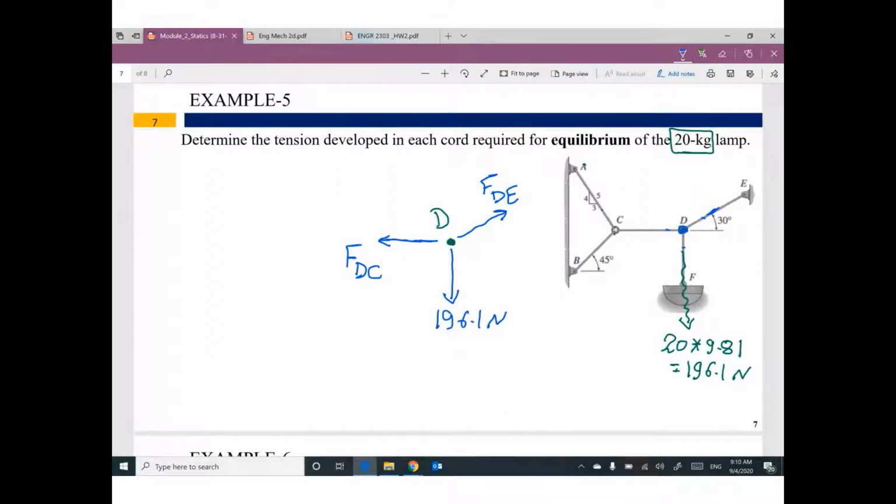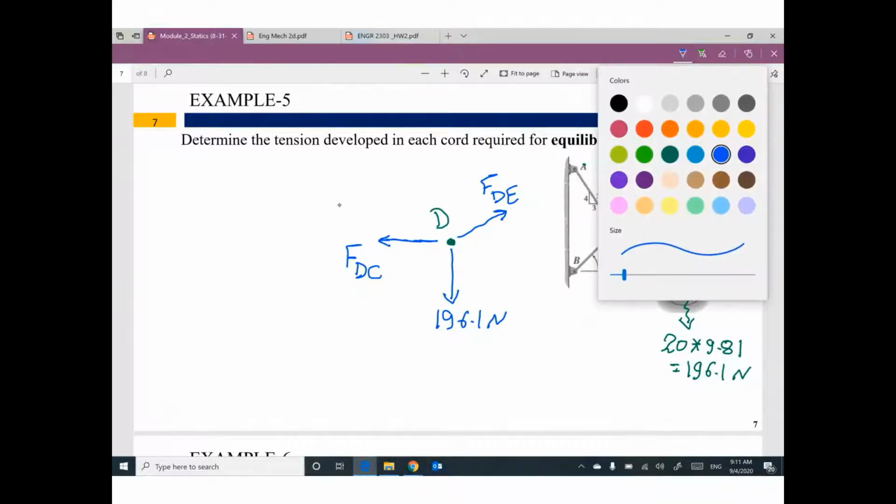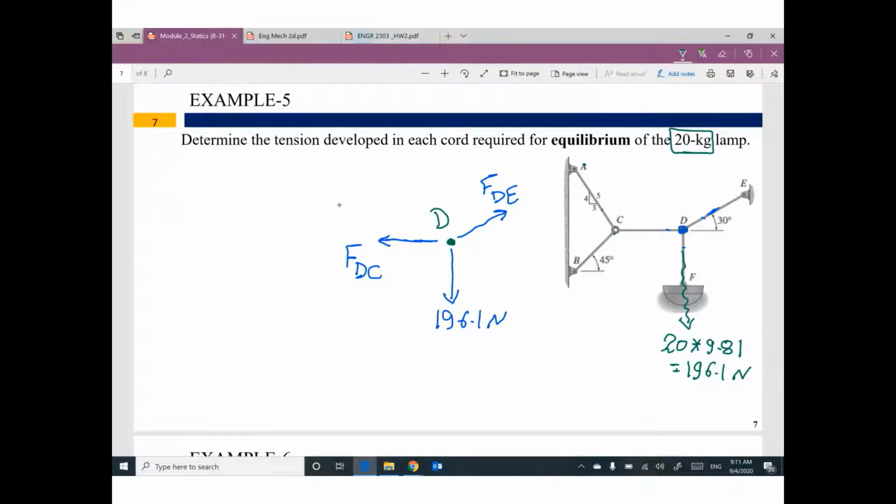What do you have at point C? We have another point here called C. So here is point C. One by one, step by step. We have at C this cord, which will be called FCD, or DC, I don't care.